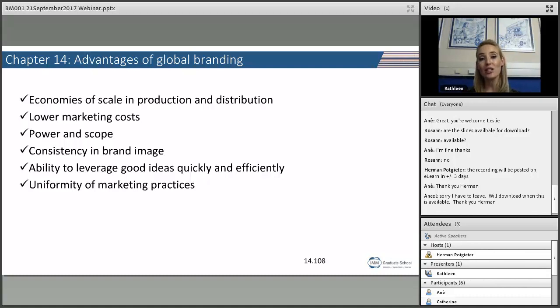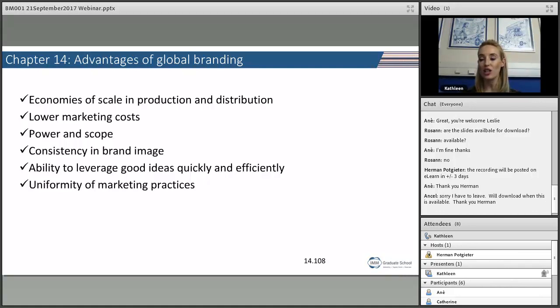The advantages of global branding are, as we said, economies of scale, lower marketing costs, because again, the cost is spread over a larger number of customers, increased power and scope in the market, because a global brand always has a stronger reputation, consistency in your brand image.